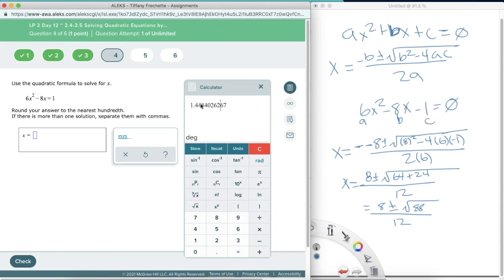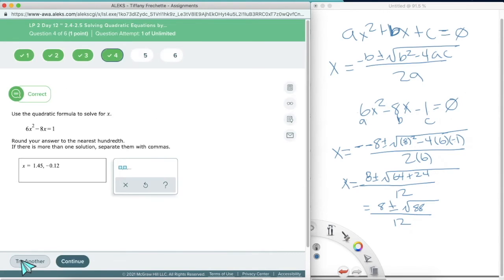So that's the 44 there, but this next number is an 8. That's 5 or bigger, so it's actually going to be 1.45. And then I'm going to do 8 minus the square root of 88, equals, and then divide by 12, just so that, again, I don't have to deal with that issue. The hundredth would be the 11, but that next number is a 5, so it's going to be negative 0.12. Check.